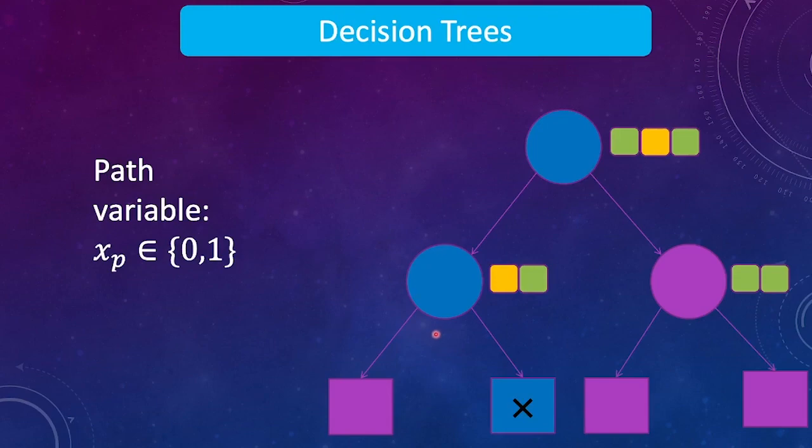But the main idea behind this kind of work, where column generation is used for decision trees, comes from the variable design. If we think about how many path variables there are, we'll realize that there are just too many variables. So just for these highlighted nodes, how many variables are there? We can pick any of these 3 split checks for this node, any of these 2 split checks for this node, and any of the 2 targets for this leaf node.